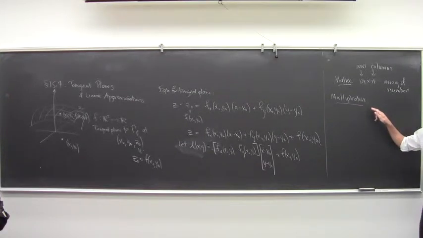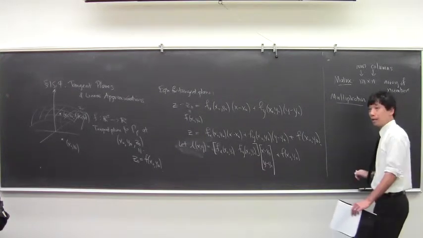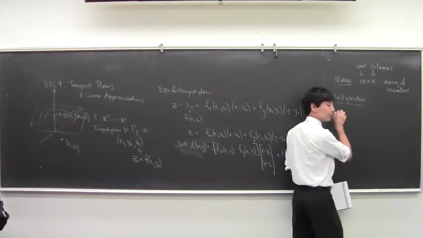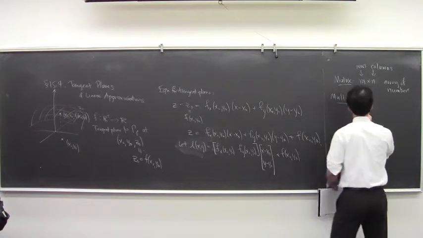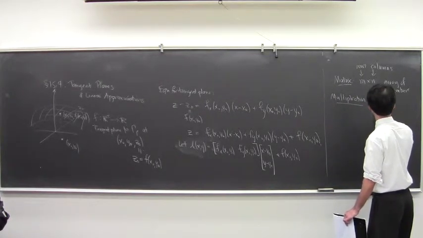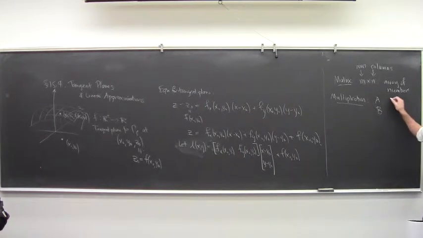What's going to be useful for us is matrix multiplication. You've all seen the dot product. Matrix multiplication goes like this. You have two matrices, A and B, and one is an m by n matrix, and the next one is an n by p matrix.